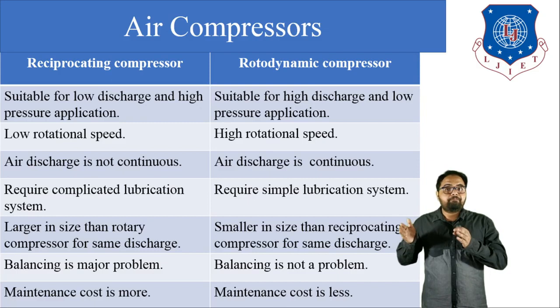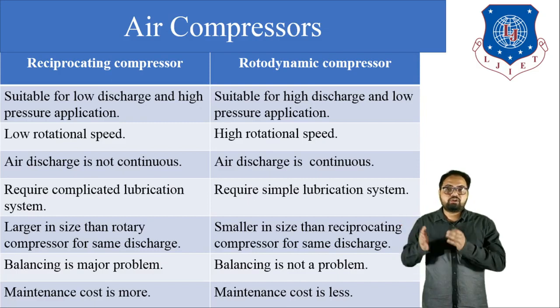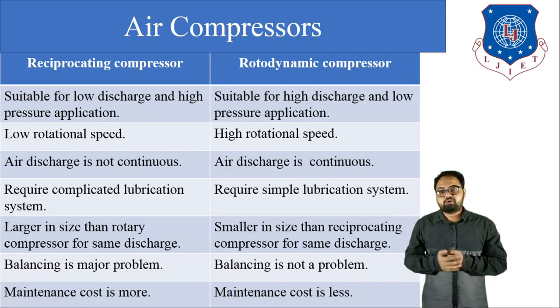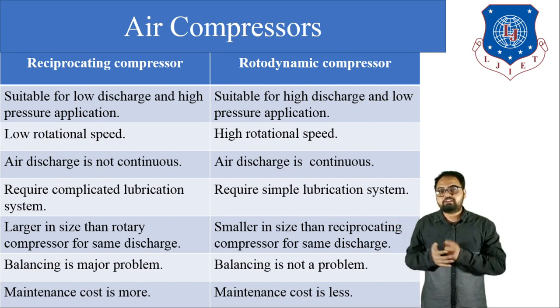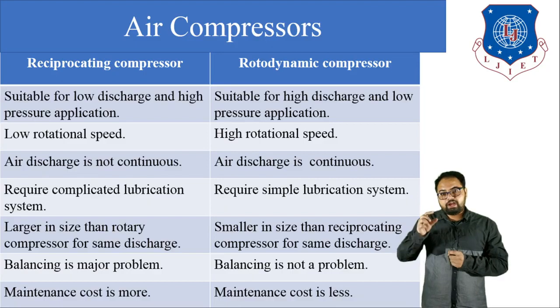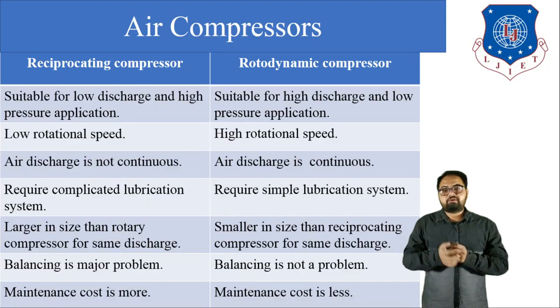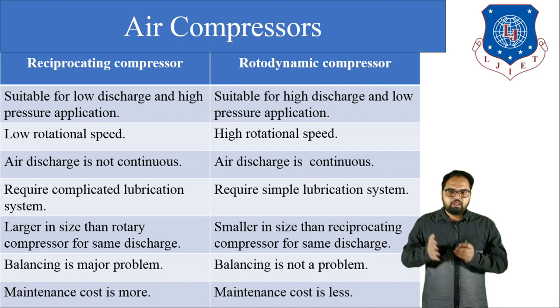Reciprocating air compressor requires a complete lubrication system, because in reciprocating air compressor the piston reciprocates inside the cylinder, so at that portion we require lubrication. But in rotodynamic air compressor a simple lubrication system is required.